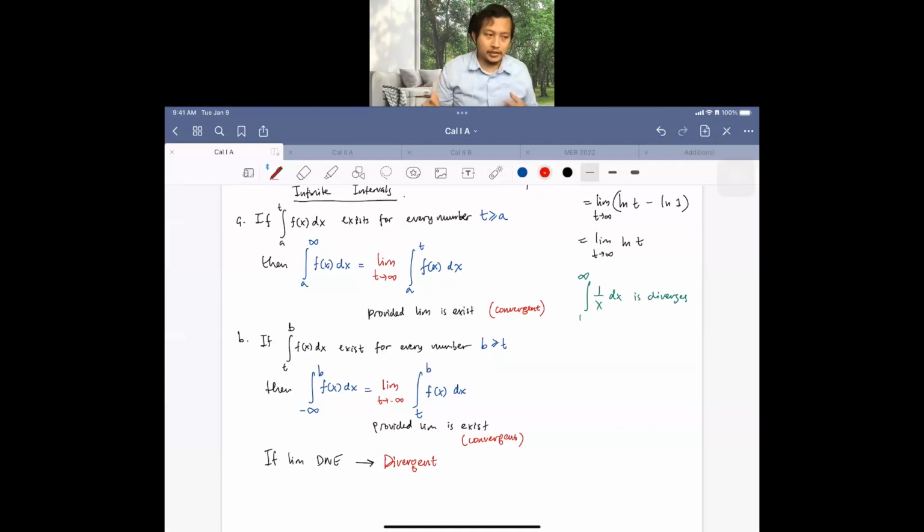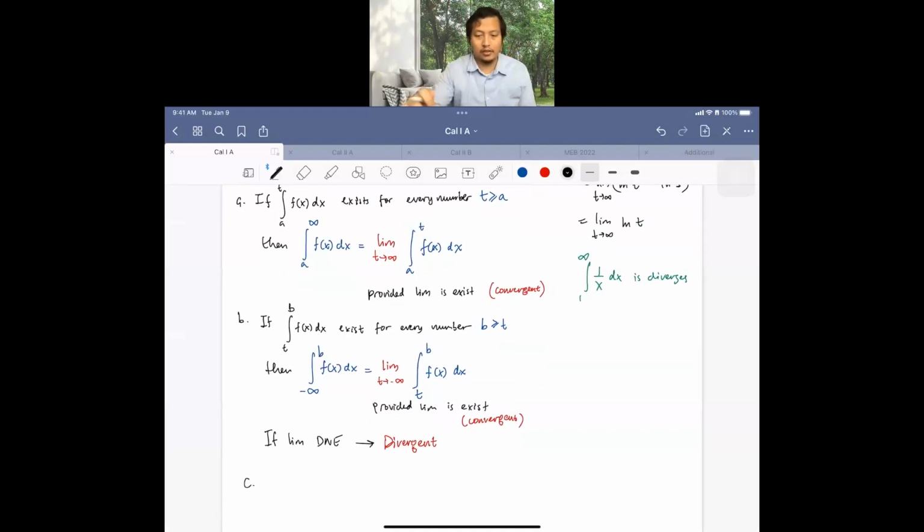And then another case that we might have is we can make a combination.